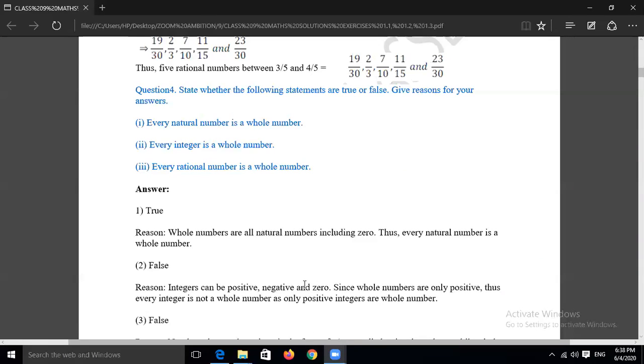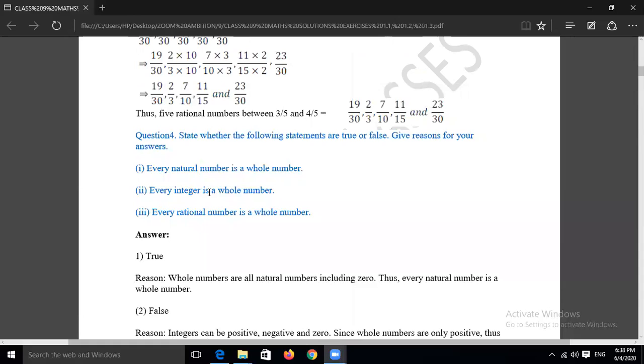You can write the answer in your own language. Here integers include negative numbers also, but whole numbers do not include negative numbers. For example, minus 5 is an integer, but minus 5 is not a whole number.